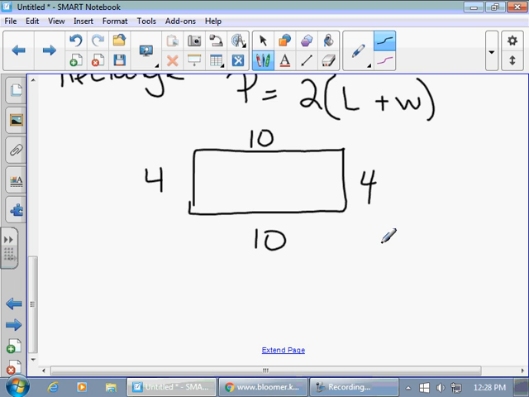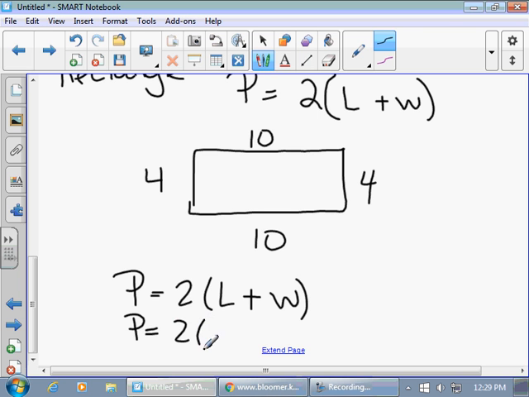Now, typically, I could add all sides. So 10 plus 4, 14 plus 10, 24 plus 4. If we added all sides, we got 28. Now, if we used our formula up here, first thing you always need to do is copy just the formula. Don't replace. Second step, start and replace. What's the length of this box? 10. And what's the width of this box?